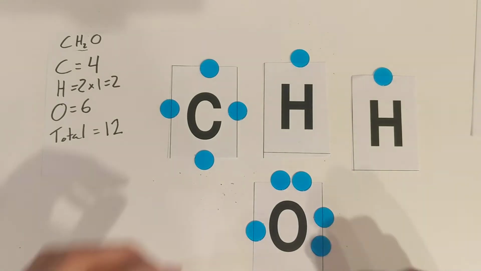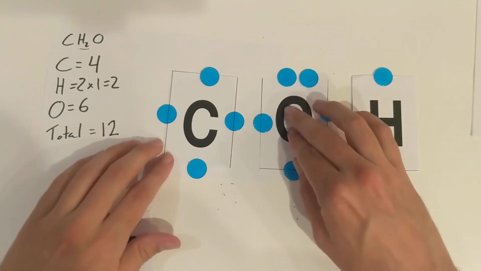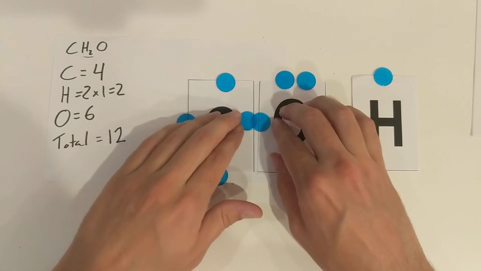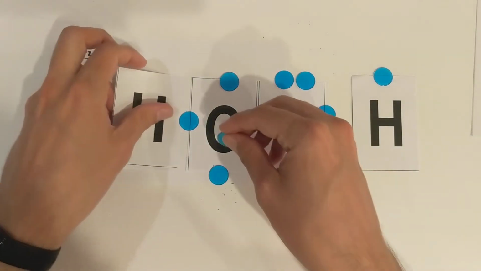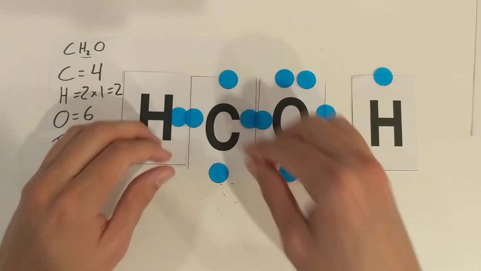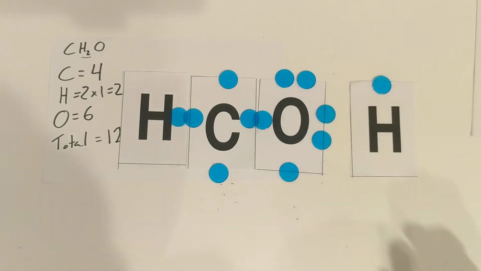So let's try to put carbon in the center there. And let's bond some things to it. And I'm going to save this hydrogen on the side because I don't know where that's going to go right now.